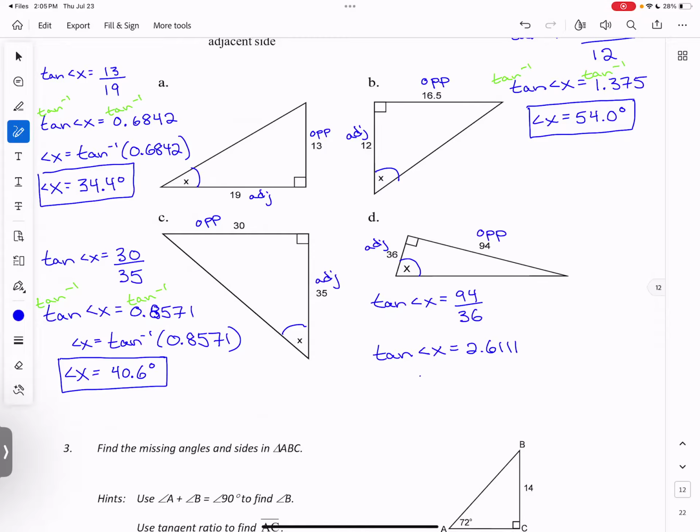And so then for my angle, I'm going to take the tan inverse of both sides. So it's going to be tan inverse of that number, and that gives me 69.0 degrees.